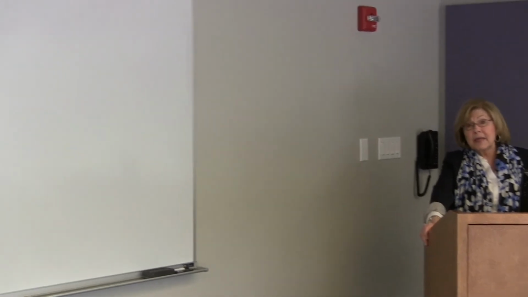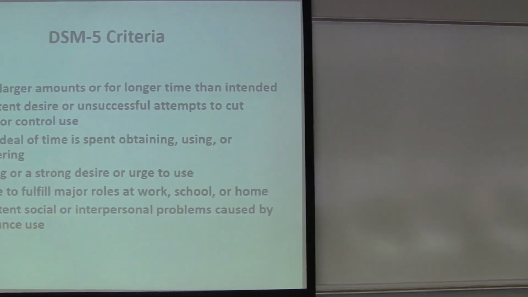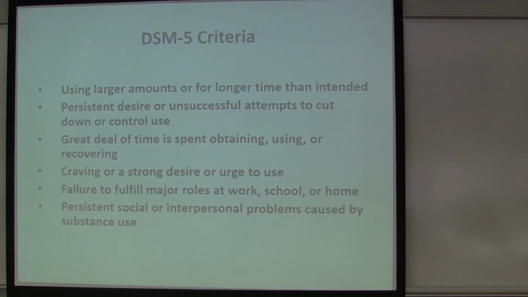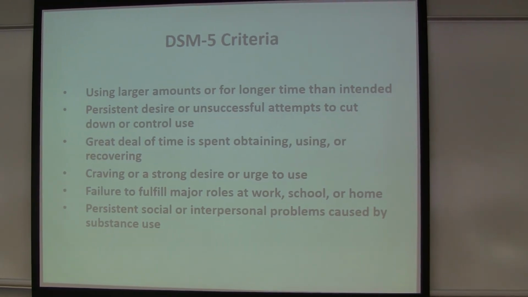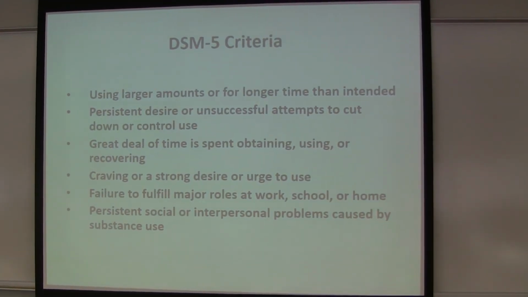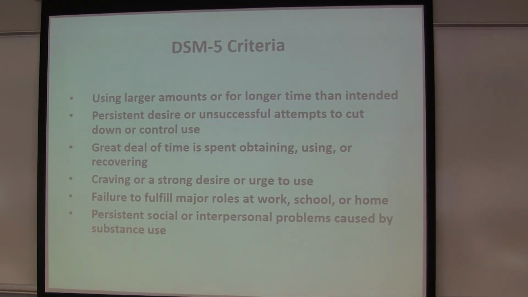Craving, the phenomenon of craving or a strong desire or urge to use, is another criterion. Failure to fulfill major roles at work, school, or home, not being able to meet your responsibilities. Persistent social or interpersonal problems caused by substance use. So I begin to have problems in my personal relationships, with family members, with friends.